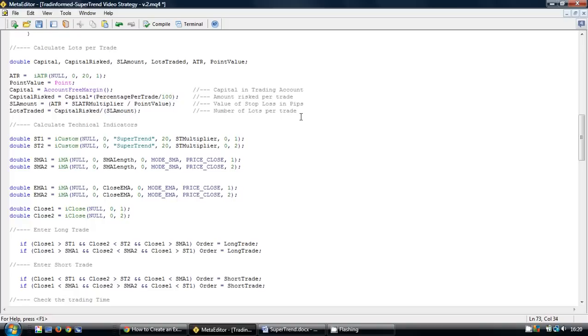And then finally we're going to get this variable lots traded. This will tend to vary on every single trade, because the volatility of the market will be constantly going up and down, and so we will have different number of lots traded, but we will be risking a constant amount relative to the size of our account.